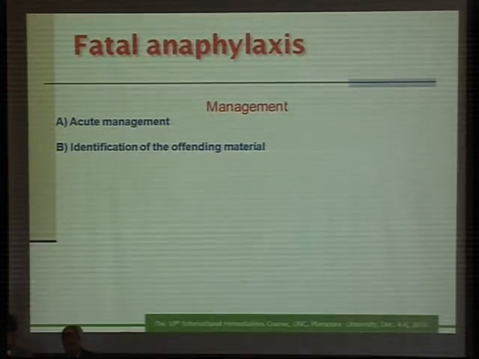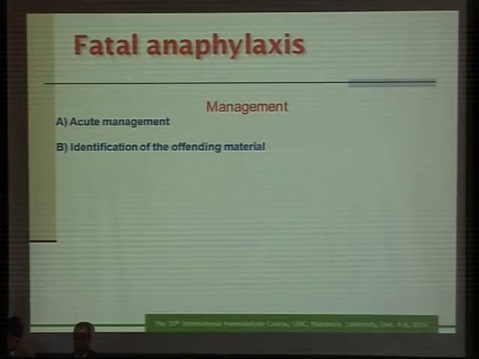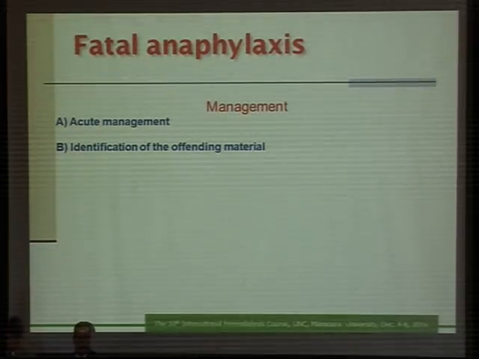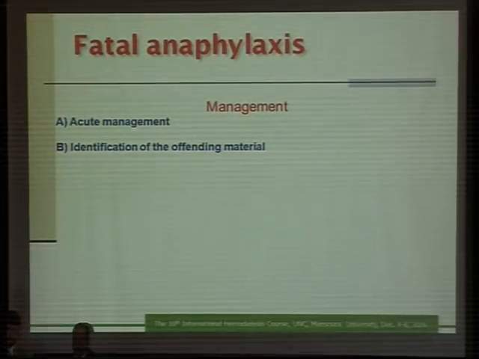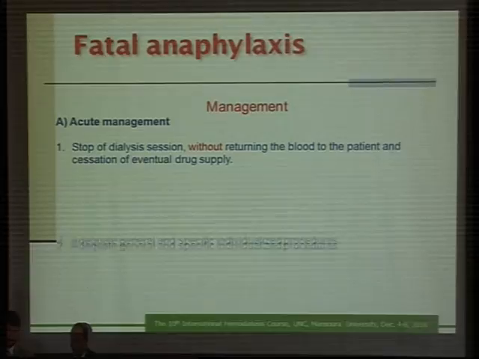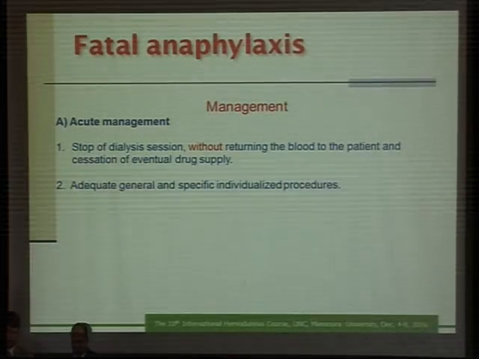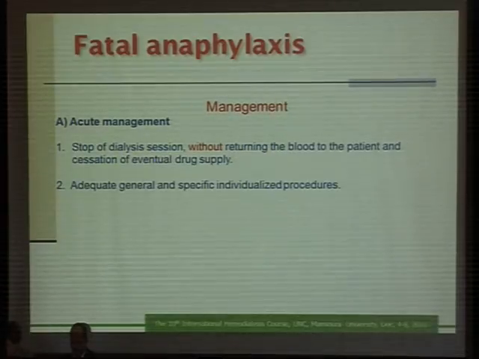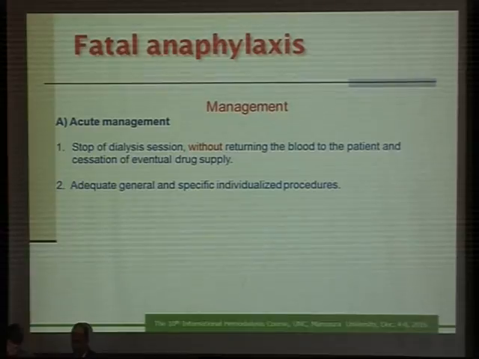How to manage? There is acute management, and then later on investigations to identify the offending material that caused this anaphylaxis. We should stop the dialysis session again without returning the blood to the patient, and stop any drugs given.